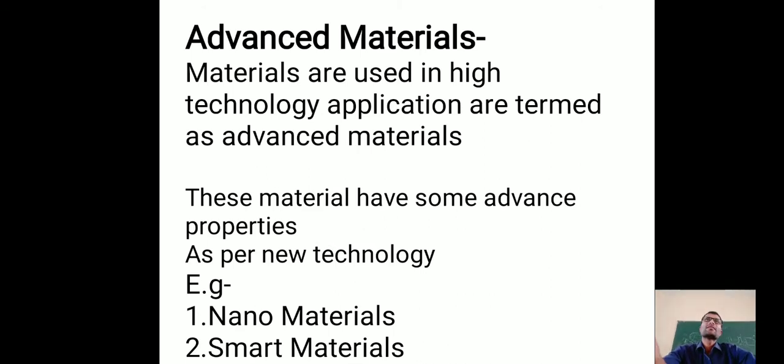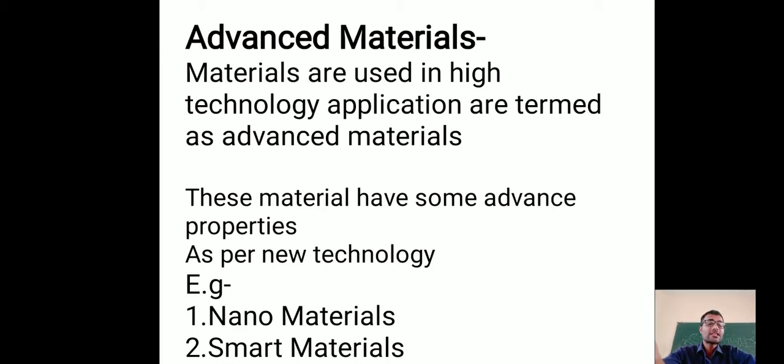So friends, first see here what is an advanced material. So meaning is very clear. Advanced materials are such materials those are used in high technology applications. Nowadays in high technology applications materials are used called as advanced materials.